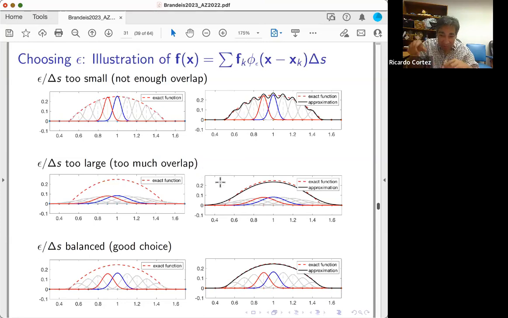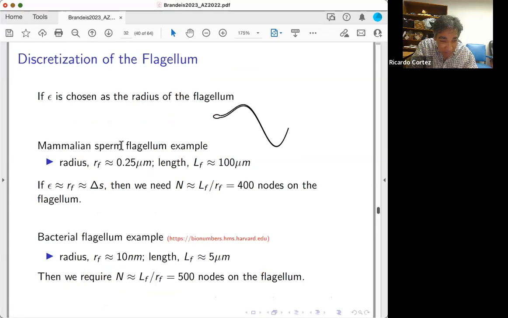You need them to overlap enough to give you a smooth approximation, but not too much, right? So it typically ends up being similar to the separation between points in the flagellum. If you have a point separation of h, the epsilon is roughly around the same value. So epsilon over delta S would be 1, something like that.